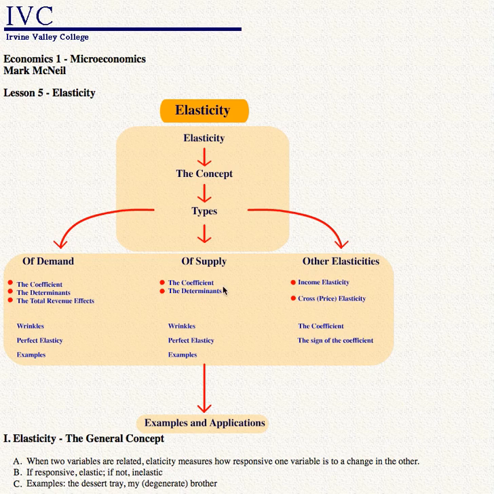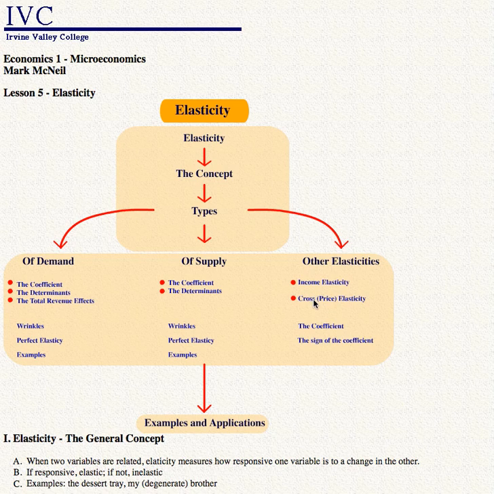Then there's income elasticity, which measures the percentage change in the quantity of a good purchased as a result of a percentage change in income. Now that one's interesting. It's the same issue. If the ratio is greater than 1, it's elastic. Less than 1, it's inelastic. But now there's one additional little factor for both income elasticity and cross-price elasticity.